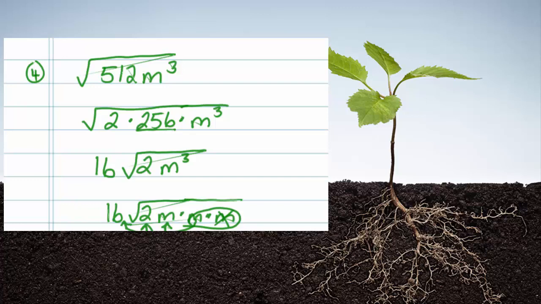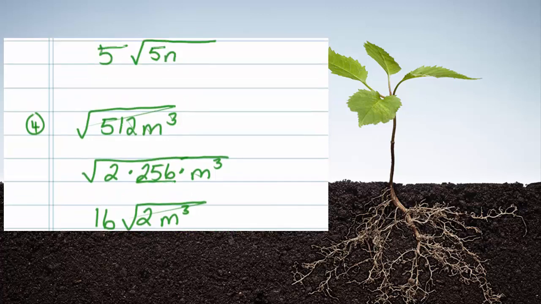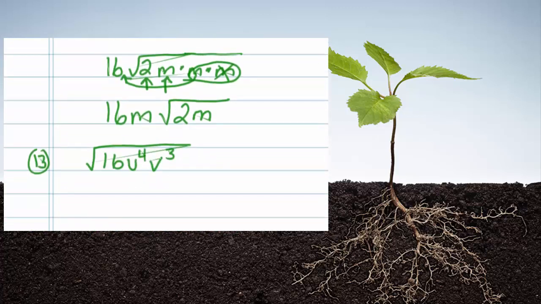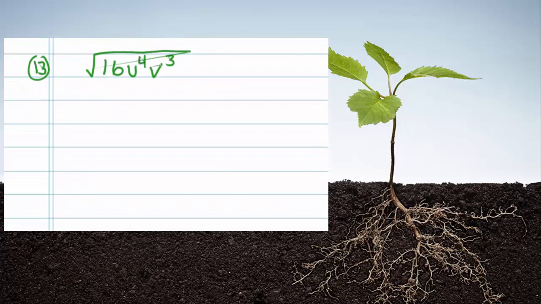Number 13. Square root of 16 u to the fourth, v to the third. Now again, I'm going to start this problem by finding my prime factorization, but I notice right away that 16 is a perfect square.